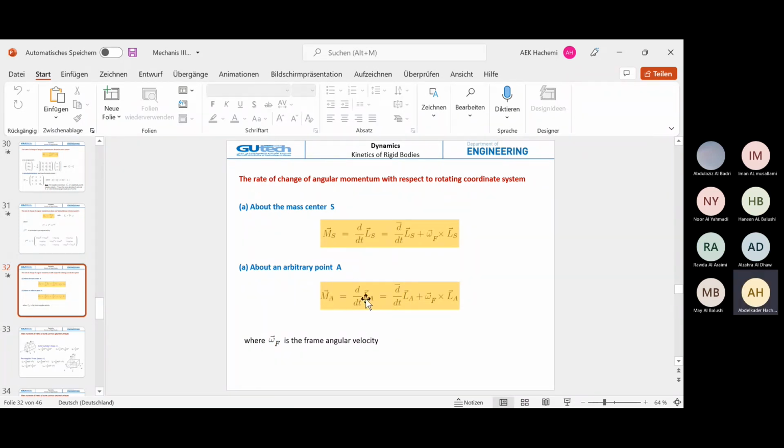It's the time derivative of LO, which is the local derivation of LO, then it's made here D bar. That means it's pointed out at the local part, but here all components L in the expression of LO are constant. Then their time derivation will be zero. Then we will get only the second term here. And in the second term, you have omega f, which is the frame angular velocity.